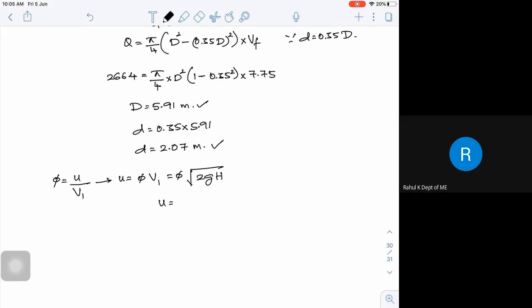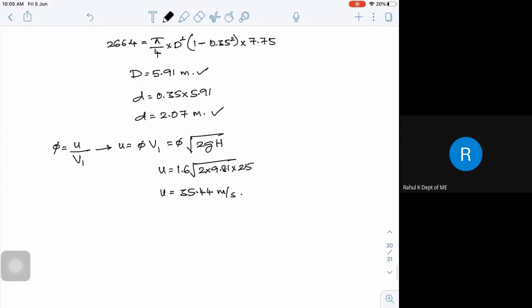What is the value of phi they have given? It is 1.6. Speed ratio is 1.6 into root of 2 into 9.81 into 25 meters. I'm going to get my peripheral speed, which is 35.44 meters per second.